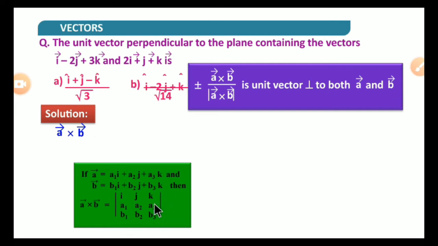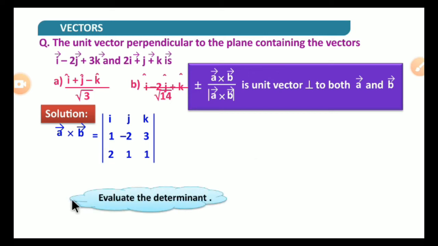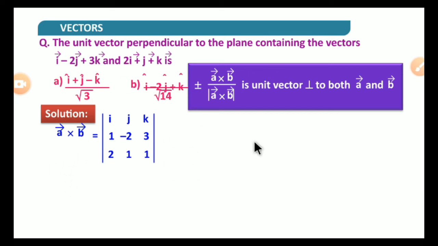It is in the form of a determinant. It will be equal to, in the first row i j k, in the second row 1, minus 2 and 3, and in the third row 2, 1, 1. Now we have to evaluate this determinant by expanding along the first row.